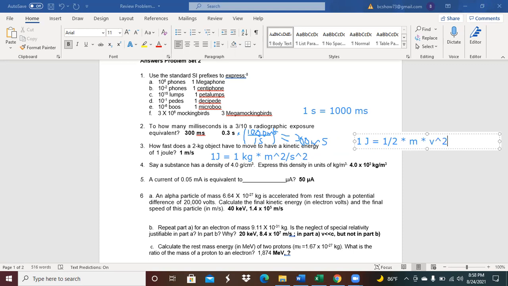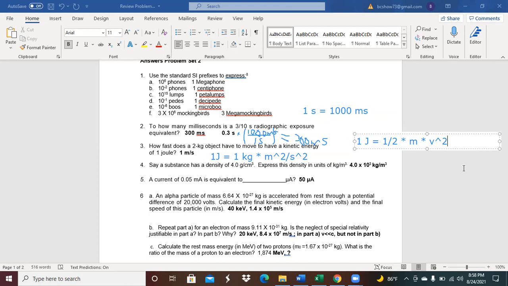How do I know that? Because the energy that this thing has is kinetic energy, and I'm measuring the kinetic energy of an object that's moving through the formula 1/2 mv squared. That's how you measure kinetic energy.